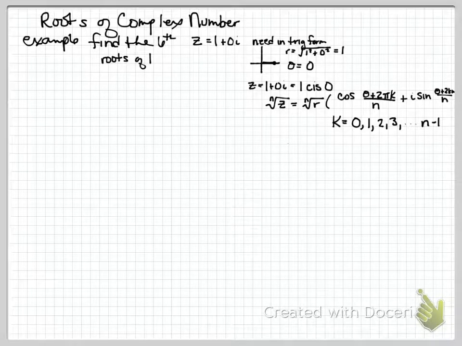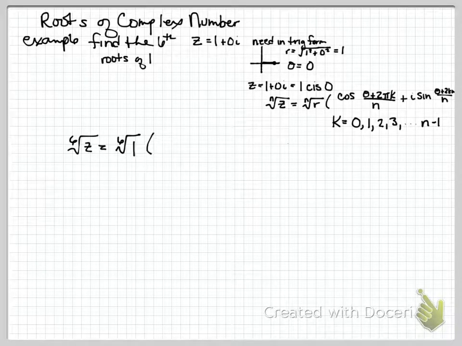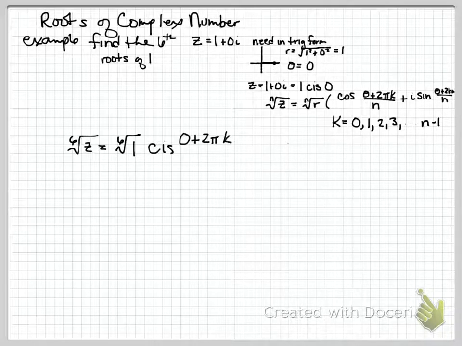So we're going to find the 6th roots of z, and that's going to be the 6th root of r, which is 1, times cis of (0 plus 2 pi k) over 6.